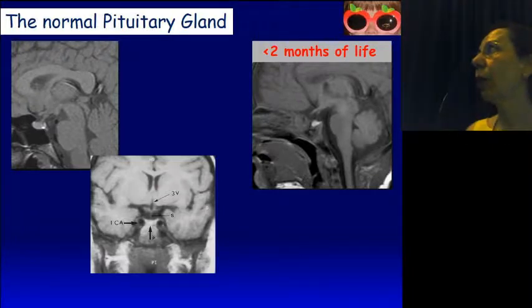So this is the normal appearance of the pituitary gland in young children, also in adults, provided that the patient is well hydrated. This is very important in order to see this high signal intensity at the level of the posterior lobe.